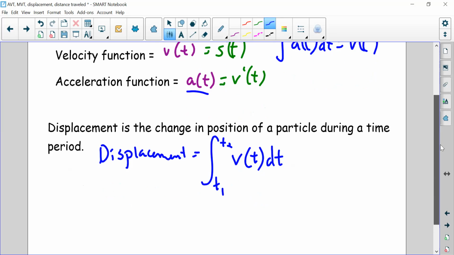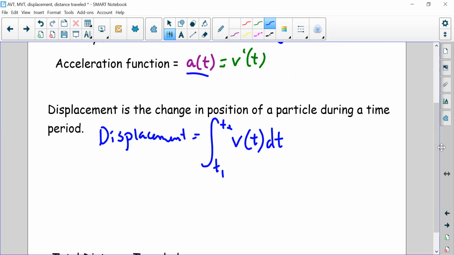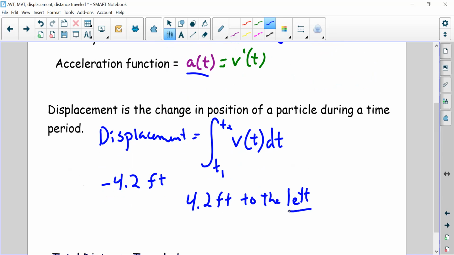So if I work out something and my displacement is, say, negative 4.2 feet, how I would translate that is I ended up 4.2 feet to the left of my beginning position. I'm going to put in the 4.2, not the negative. The negative tells me my direction, which side of my original position I'm on.